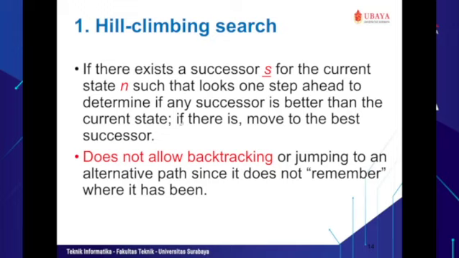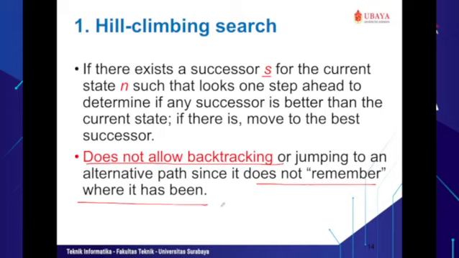If there is, then we will move to the best successor. One important characteristic of hill climbing search is that it does not allow backtracking or jumping to an alternative path, because in hill climbing, the algorithm itself does not remember where it has been.